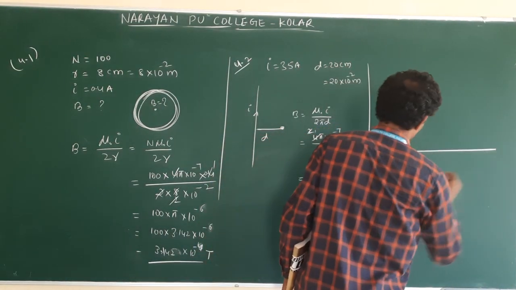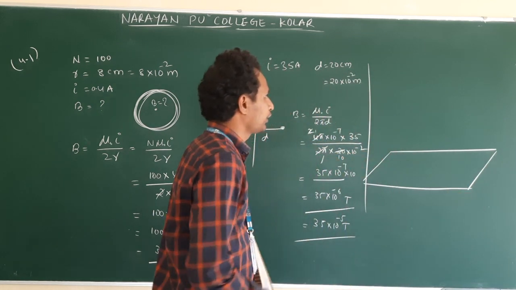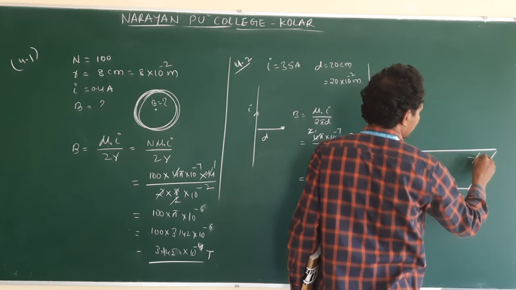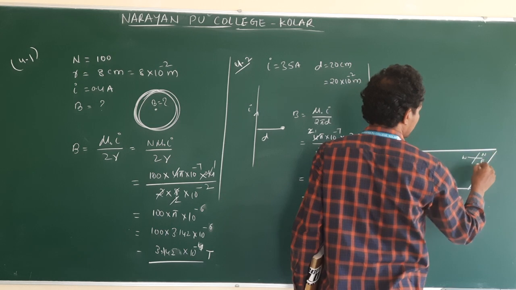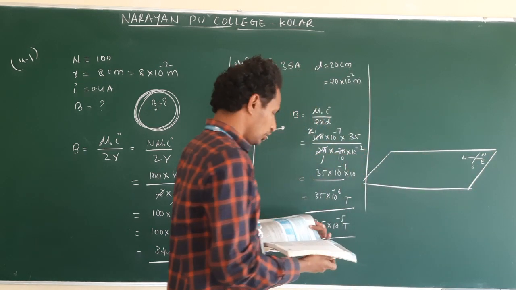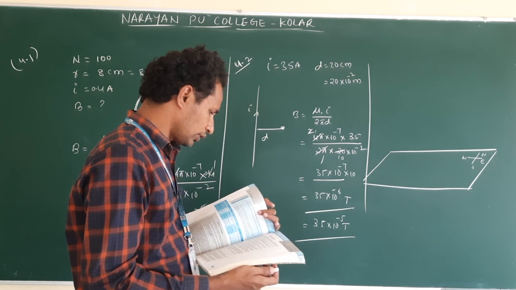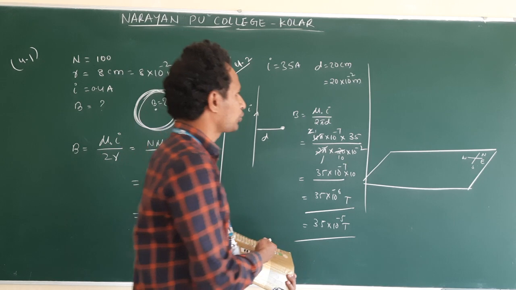So this is the plane. If we take the directions, here I am drawing the directions. This is east, west, north, south. Now, a long straight wire in the horizontal plane carries a current north to south.